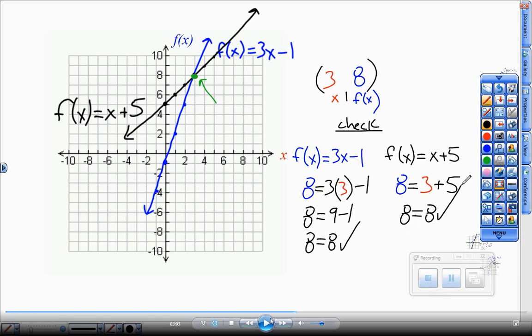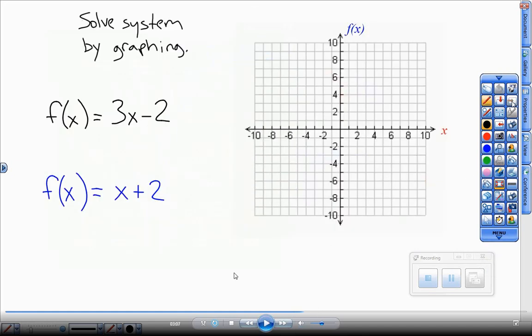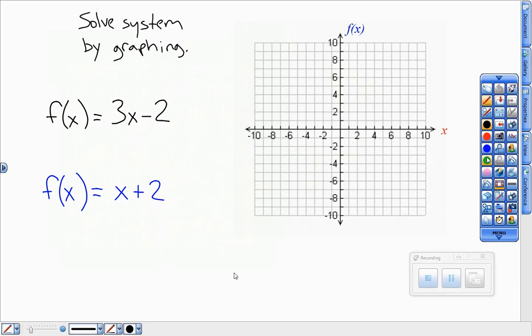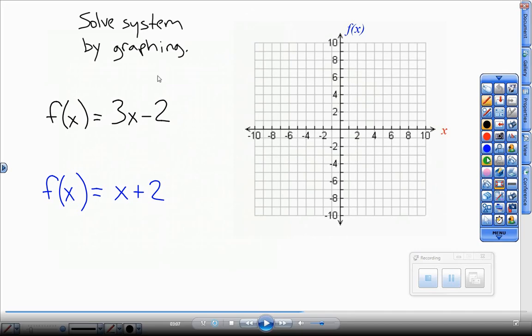All right, the last problem, which is harder, has you graph it yourself. So I'm going to have you practice graphing these functions using quick slope-intercept form, which means when I'm graphing them, find your very first point.